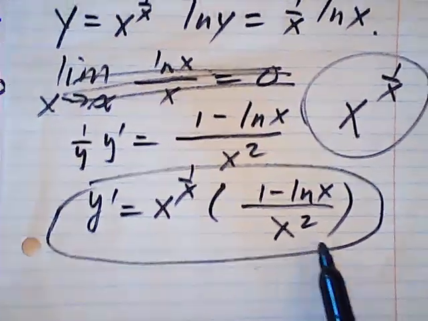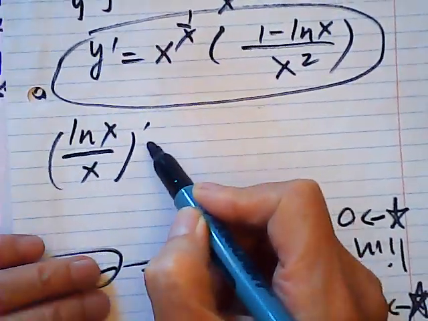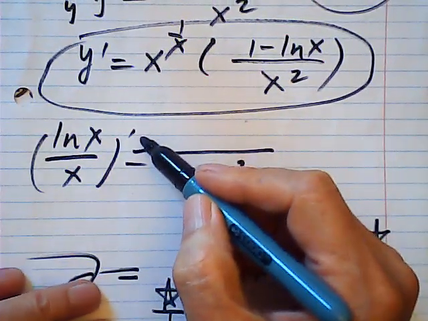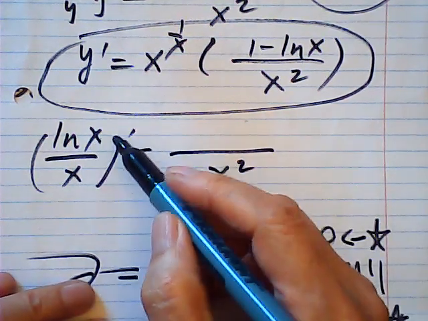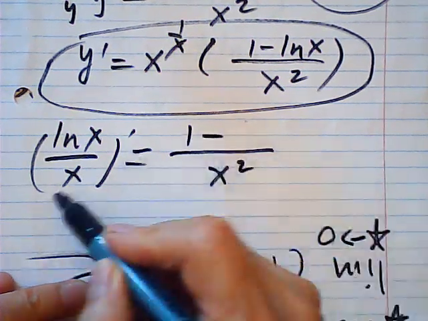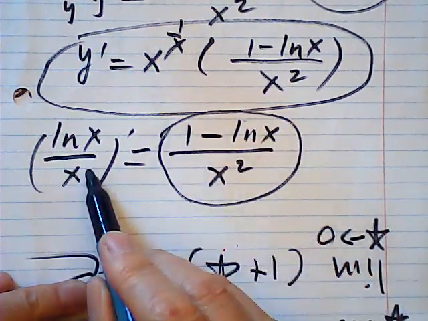Okay, and for the derivative of log x over x, that is your quotient, right? The denominator is x squared, and this derivative times this one is 1, this derivative times this one is log x. So that is this derivative.